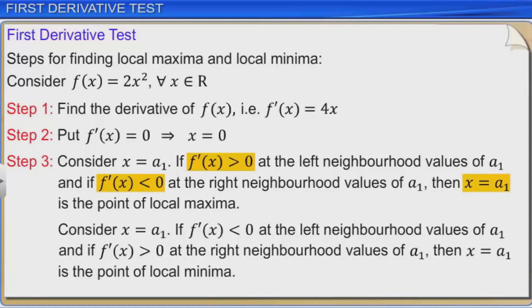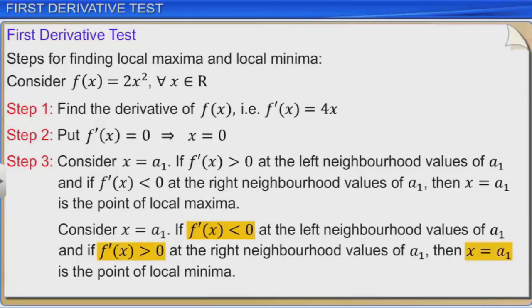Similarly, if the derivative of f is negative at the left neighborhood values of a1, and if the derivative of f is positive at the right neighborhood values of a1, then x equal to a1 is the point of local minima.